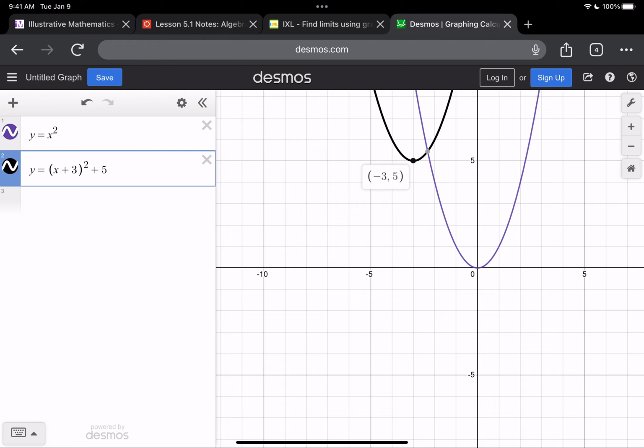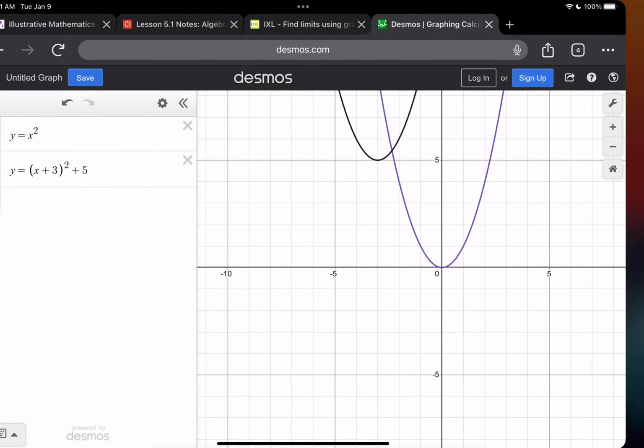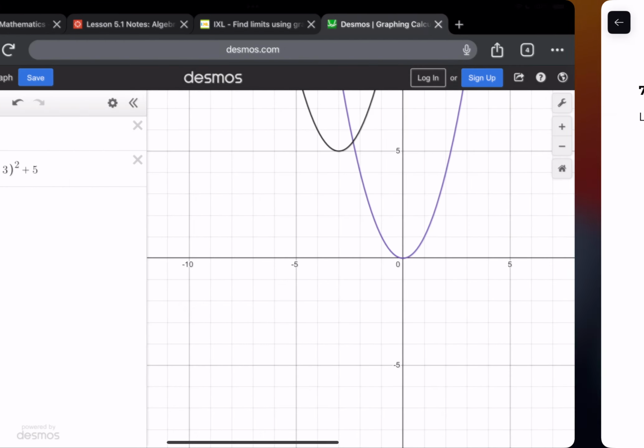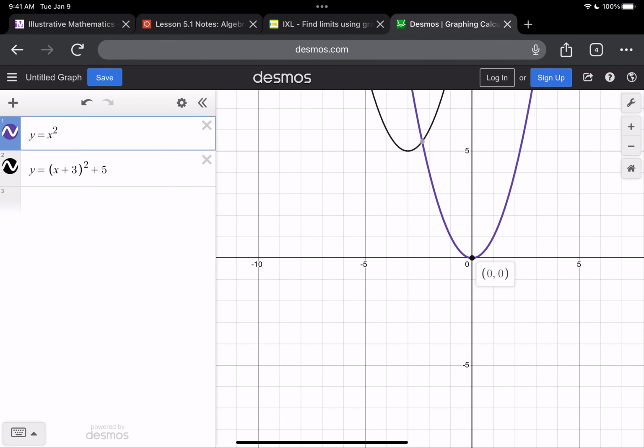In the problem, didn't it ask us to go 3 units left and 5 units up? So my vertex was normally at 0, 0 here, but do you notice now I've shifted the entire graph to negative 3, 5. Negative 3 tells me I went to the left 3, and 5 tells me I went up 5.